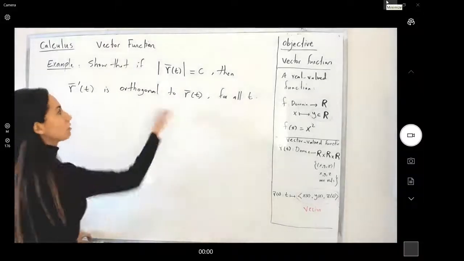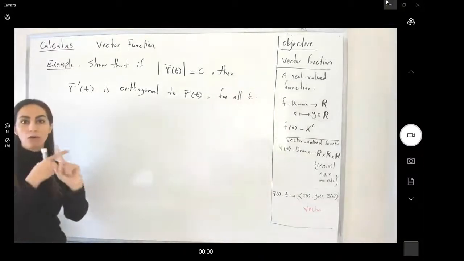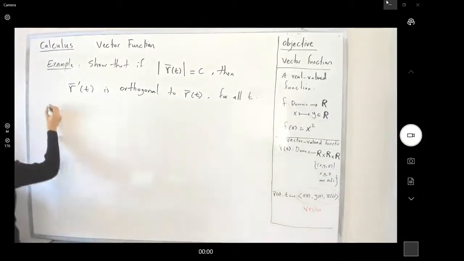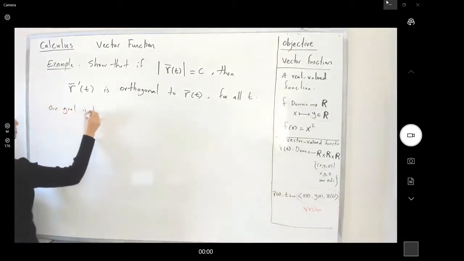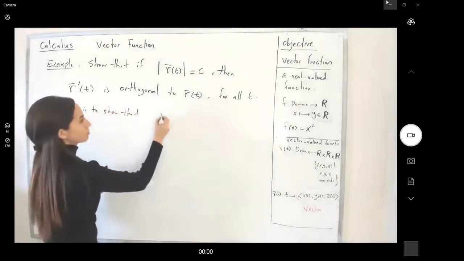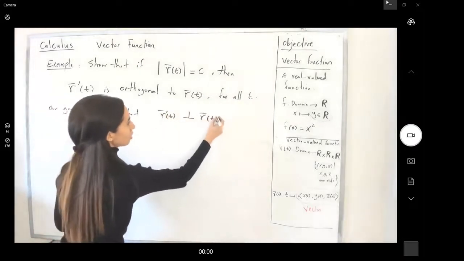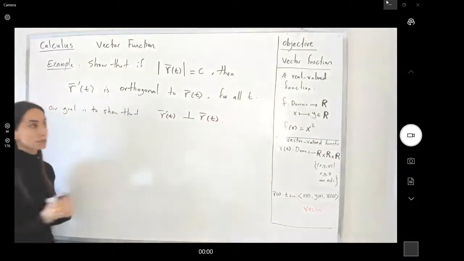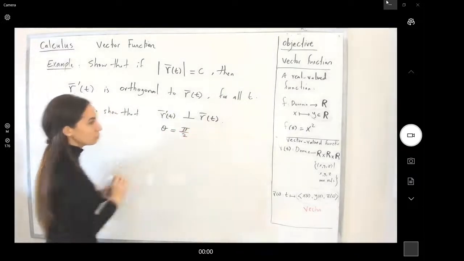So what is our goal? Our goal is to show that these two vectors are orthogonal. Our goal is to show that r prime and r are orthogonal. It means that the angle between them is equal to pi over 2.